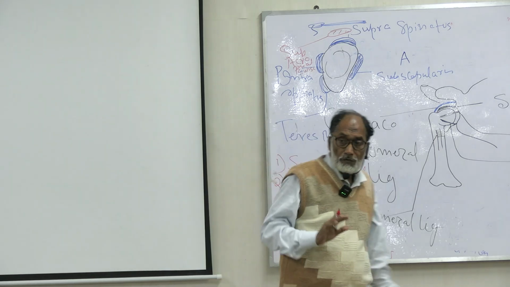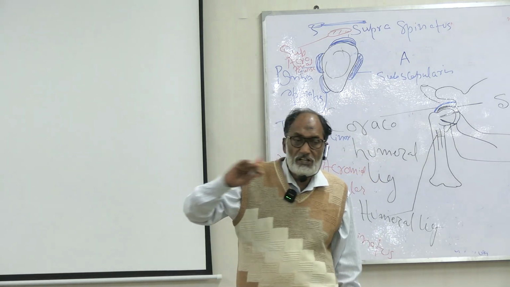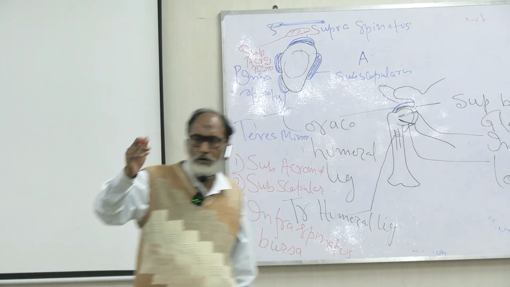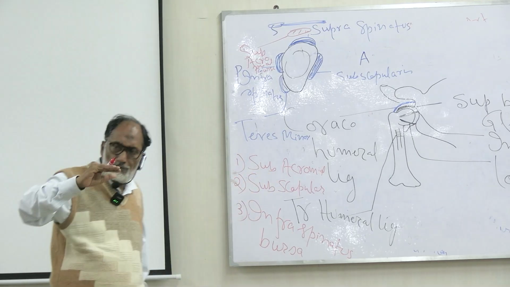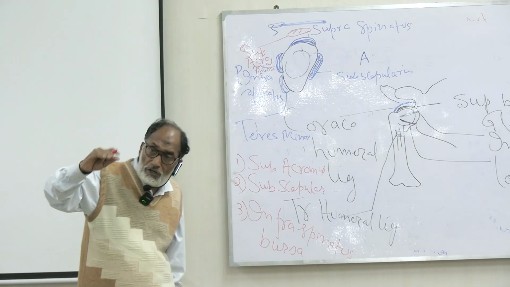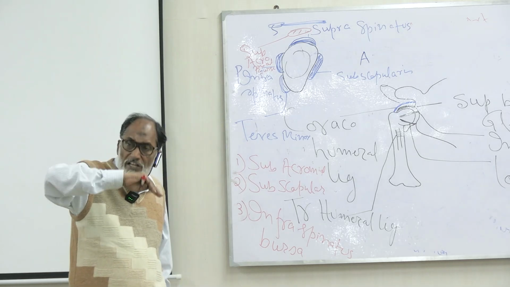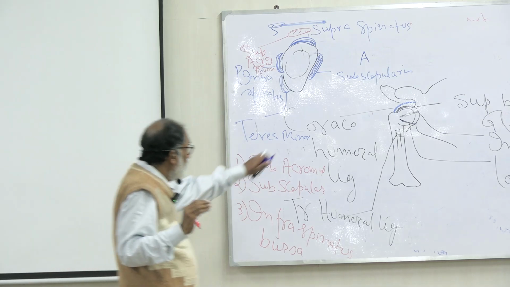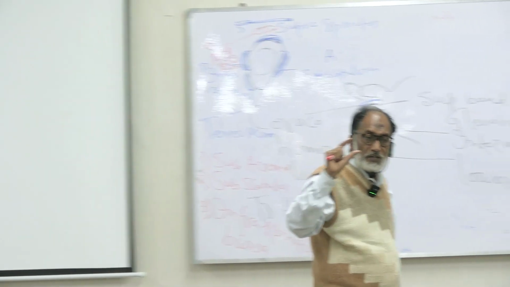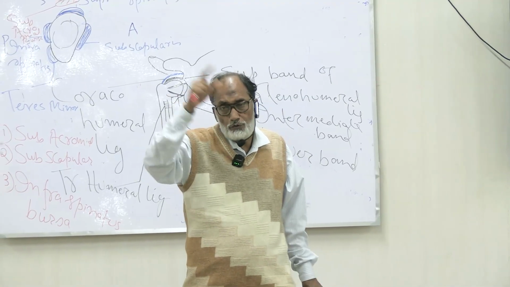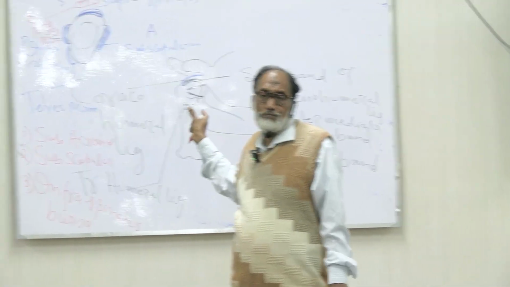Now, when you describe the capsule of a joint, you know synovial membrane lines the inside of the capsule. Within this synovial membrane, here you know there is a tendon that lies within the shoulder joint.